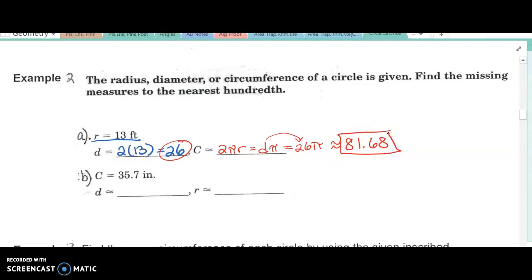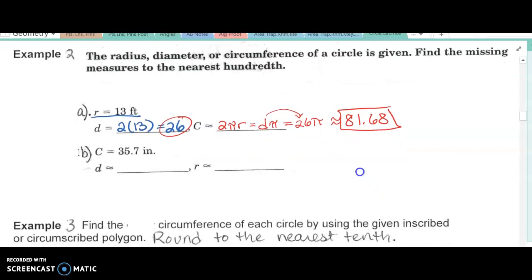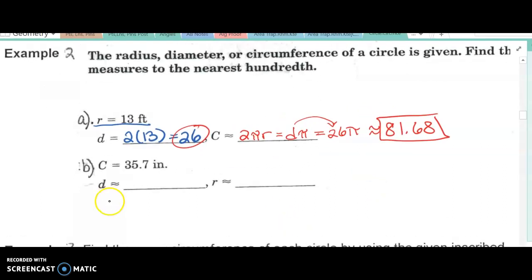And then let's go ahead and look at part B. In part B, they give us the circumference. We have to work backwards to find the diameter and the radius. So if circumference equals pi times diameter, or diameter times pi, the order doesn't matter, then 35.7 equals pi times diameter. We just need to divide by pi.